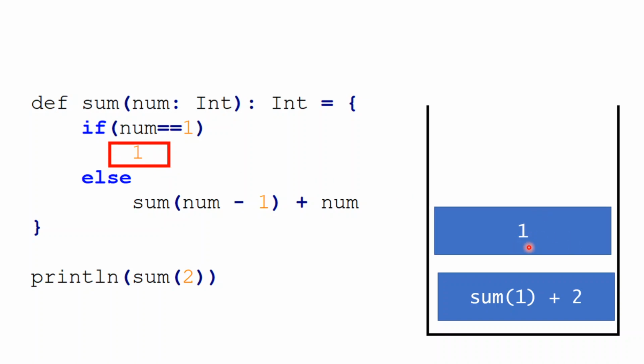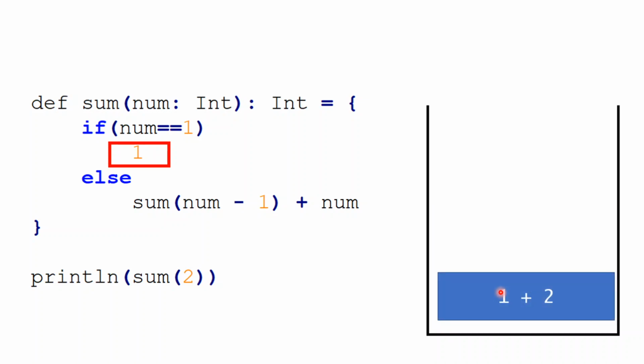So this stack frame will return the control to the previous stack, that is the calling stack, and then the sum of 1 will be derived as value 1, so it becomes 1 plus 2, and the final value 1 plus 2 equals 3 will be written back, and that gets printed on the console. So that is how a recursion works.